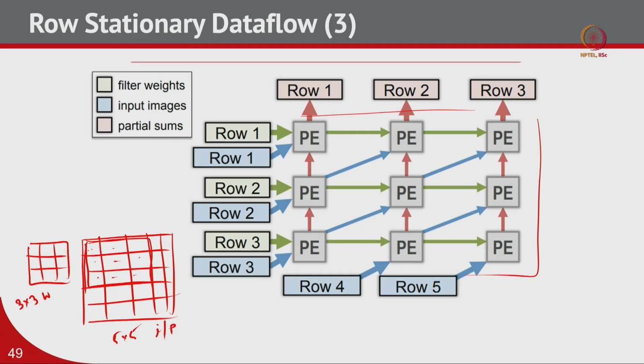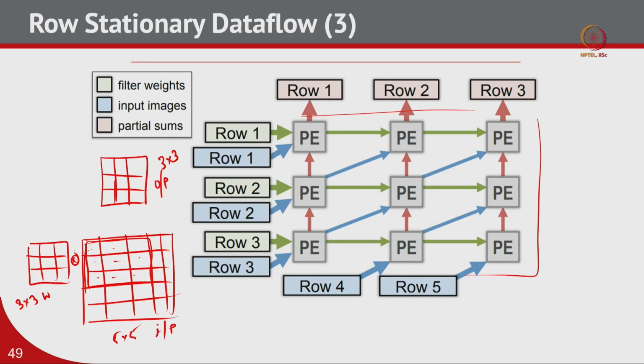If we do this convolution and, let us assume, the stride length is 1, then we will obtain an output feature map of size 3 by 3, correct. This is the output, by the way. So, this is the 3 by 3 output.